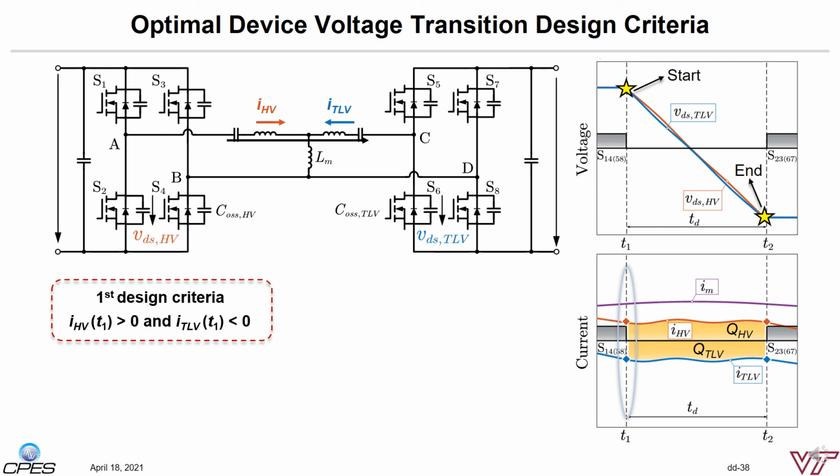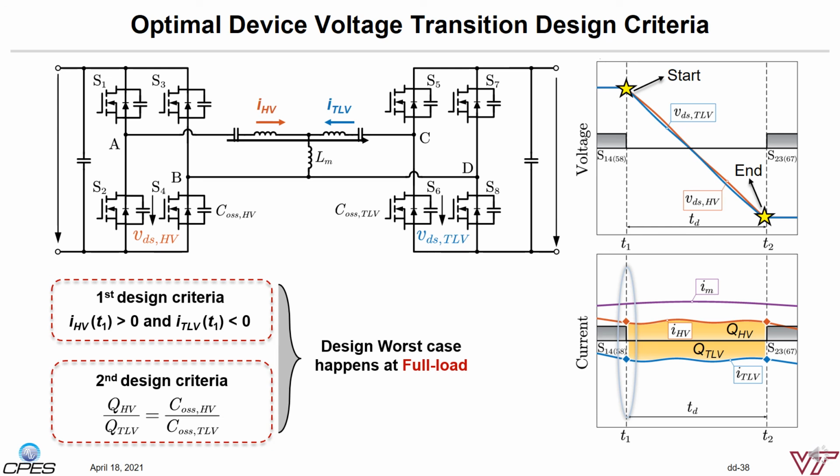Then, to achieve the optimal switch voltage transition, we have to make the devices on two sides finish the transition process at the same time at the T2 moment. Otherwise, additional dead time losses will be created toward the end of the dead time. To achieve this goal during the entire dead time period, the ratio of the total discharge energies delivered by the two leakage inductors should follow the ratio of the device output capacitance from two sides.